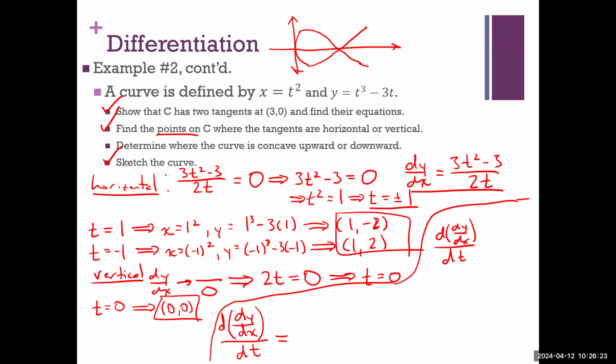Can I take the derivative of 3t squared minus 3 over 2t? How do we do that? Quotient rule, right? How does that work?